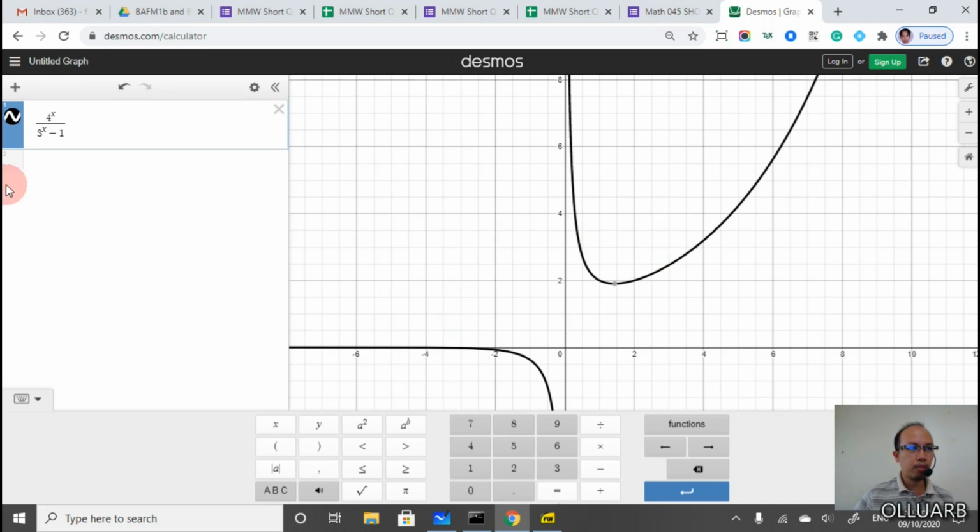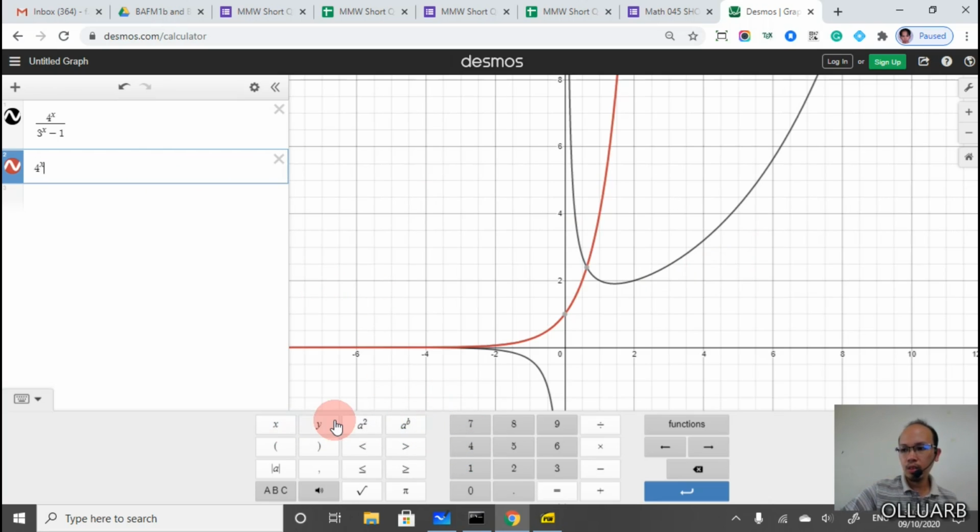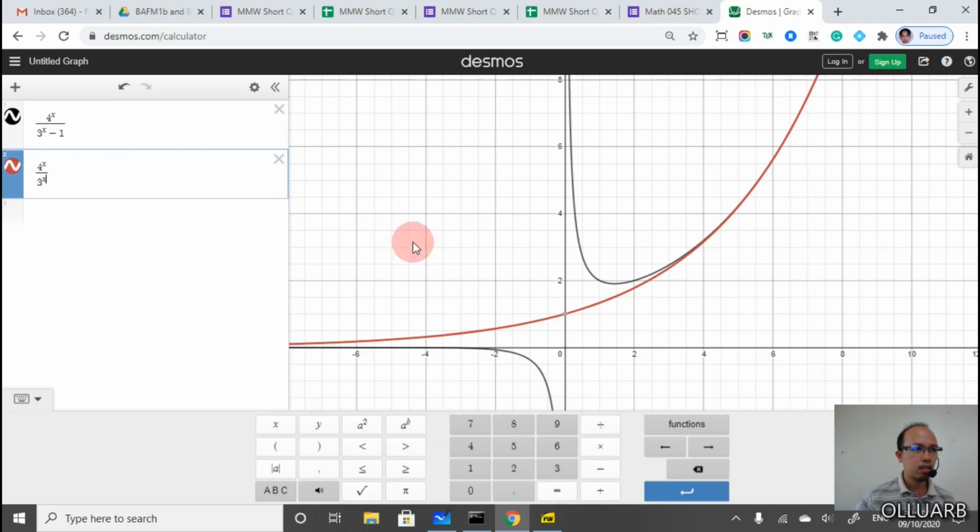So this is the graph; clearly the series is divergent, compared to 4 to the x divided by 3 to the x.